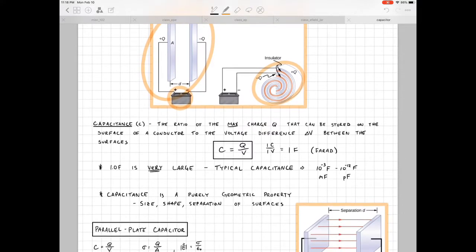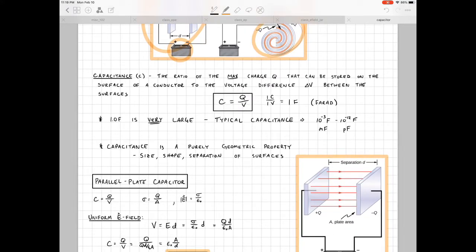The capacitance is a quantity that allows us to describe the ratio of the maximum amount of charge that can be stored on a surface compared to the voltage difference between the surfaces.